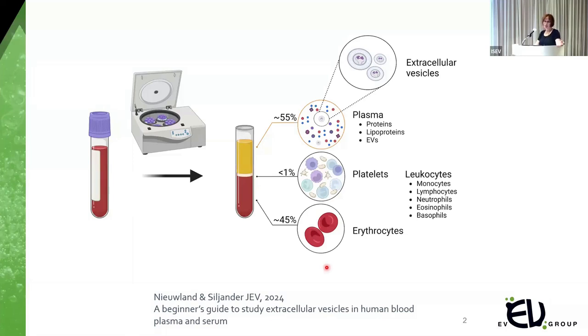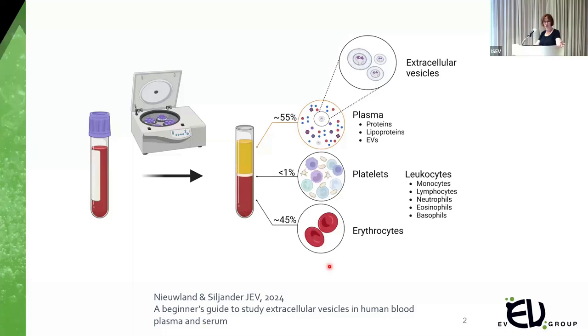It is a dynamic and liquid matrix, the plasma, and then there are different cells that are contributing to the complexity. And Rink also mentioned already the different centrifugal fields, what can happen depending on the time and the G-forces that you use. Blood is viscous, so it's possible to separate the cells and the plasma into different fractions as shown in this schematic image.